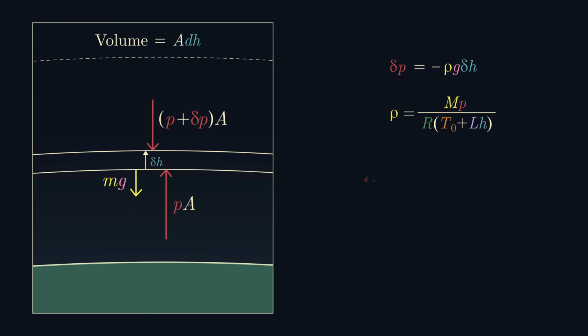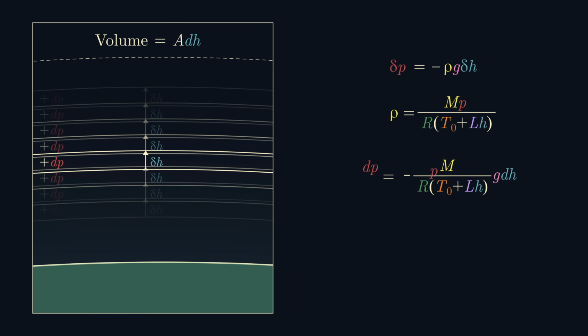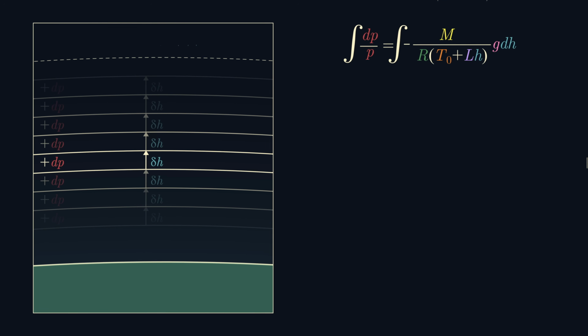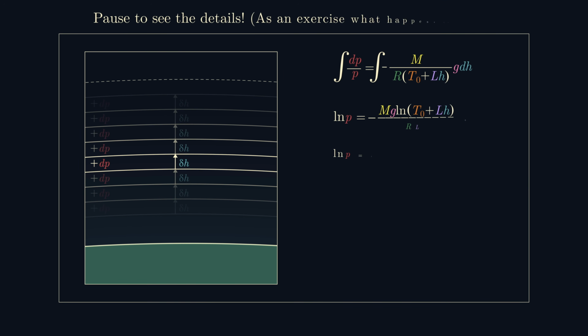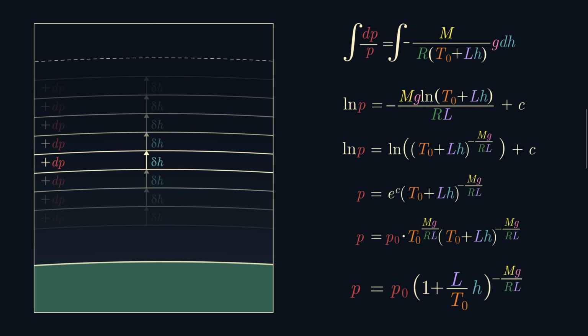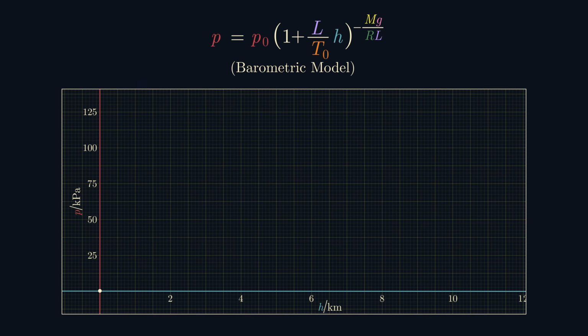Substituting in for ρ in our original equation, we're now ready to sum up all these little delta P's using an integral as we did before. Again, the details of the integral aren't too important to this video. But after a bit of rearranging, we arrive at the remarkably accurate barometric model for pressure in the atmosphere.